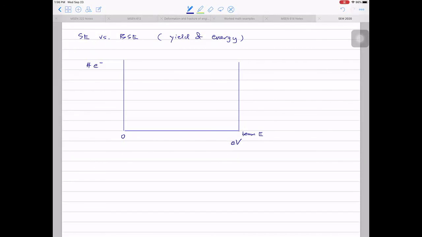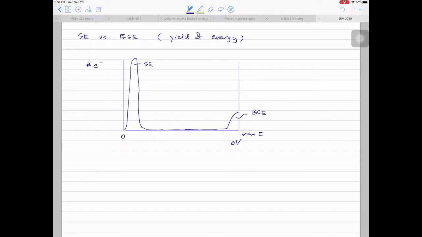So for SE, we get a huge amount, but the energy is very low. It quickly drops, and we have some noise. And where we are getting close to the beam energy, we have another hump. So this is SE, this is BSE.